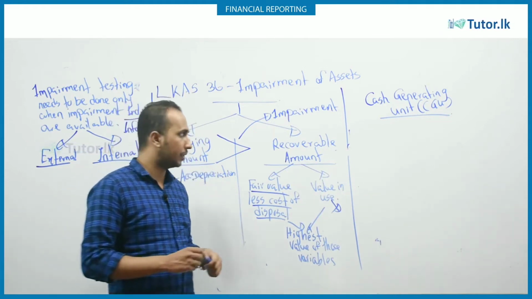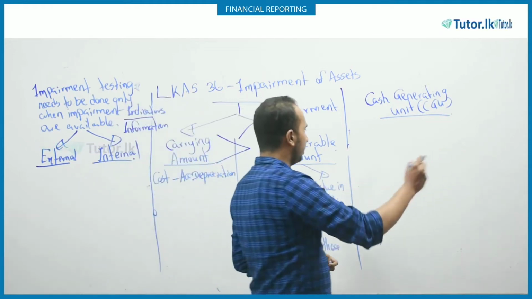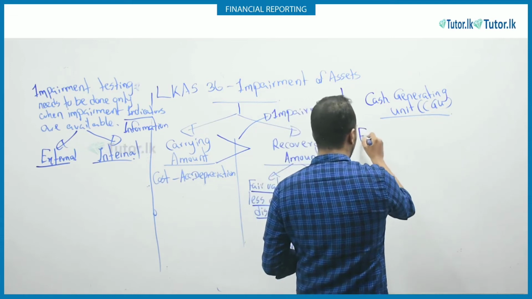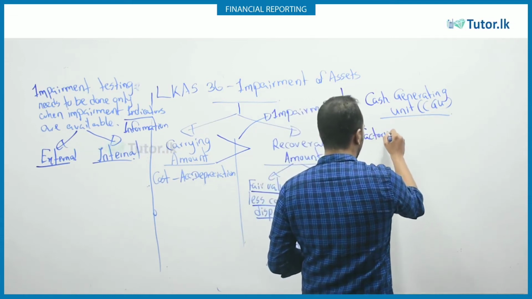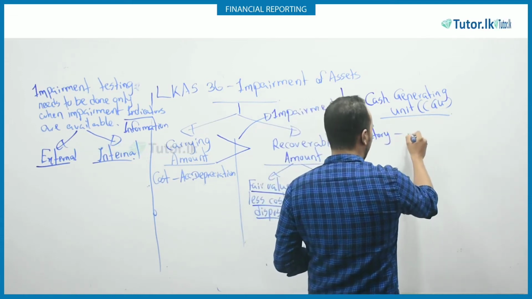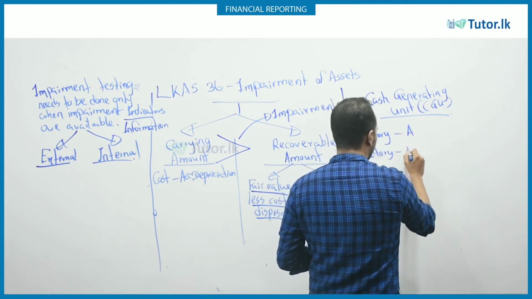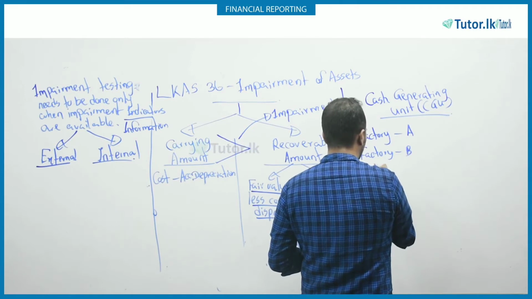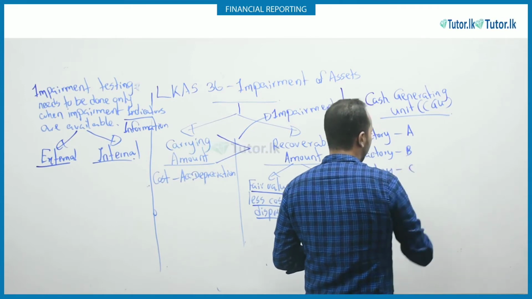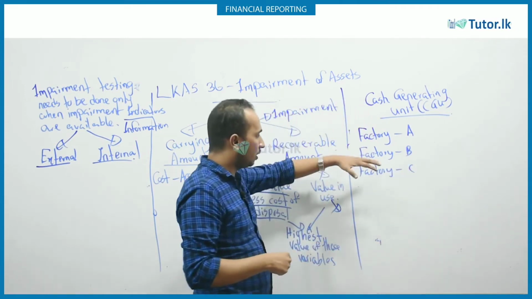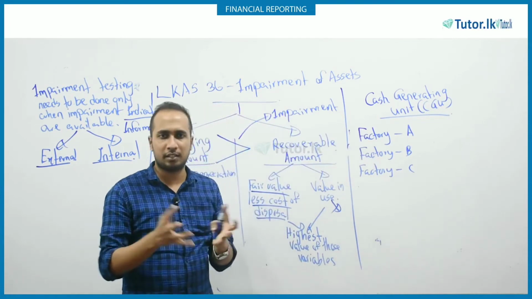For example, just imagine our company has several factories. We will say factory A, factory B, factory C. Likewise, there are 3 factories. Within a factory there are various types of assets.